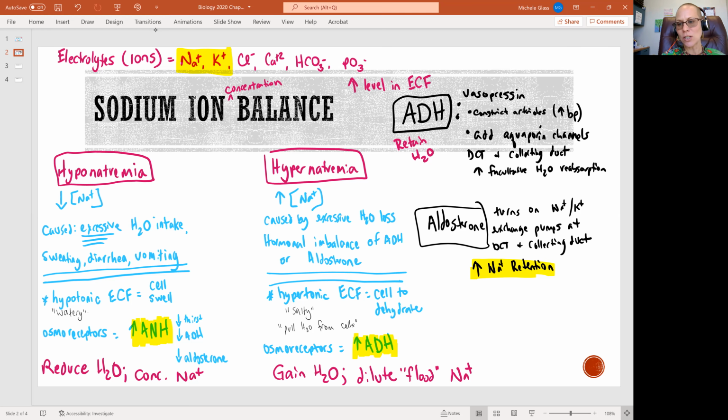Let's pay attention to that. The aldosterone is going to turn on a sodium potassium exchange pump. And so we're going to see aldosterone playing a role in potassium regulation. When we talked here about hypernatremia, notice we said a hormonal imbalance of aldosterone can cause you to have elevated sodium levels because that aldosterone is turning on sodium retention.